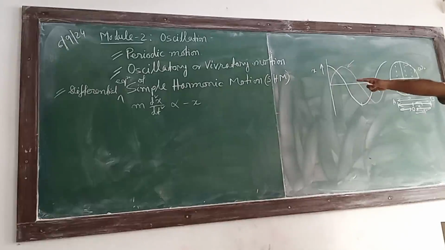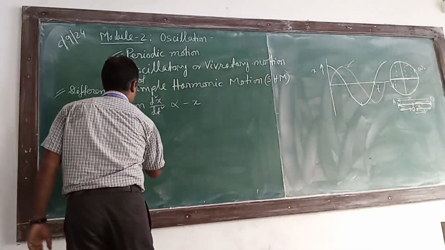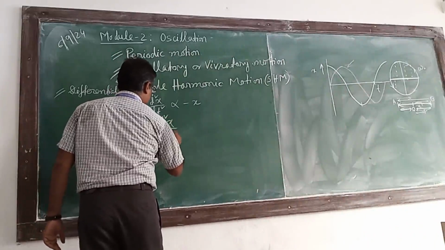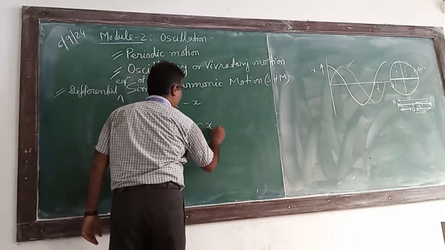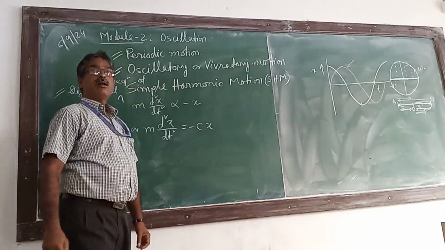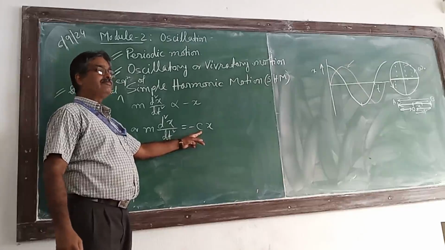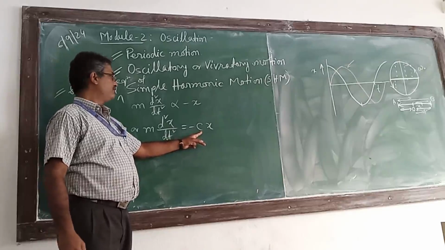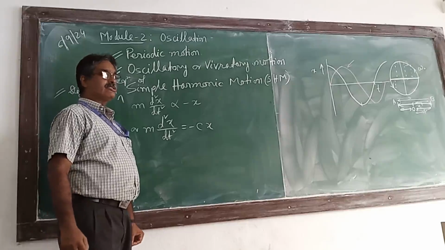Now we put in a proportionality constant. What is that? m d2x/dt2 equals minus c into x, where c is the proportionality constant.